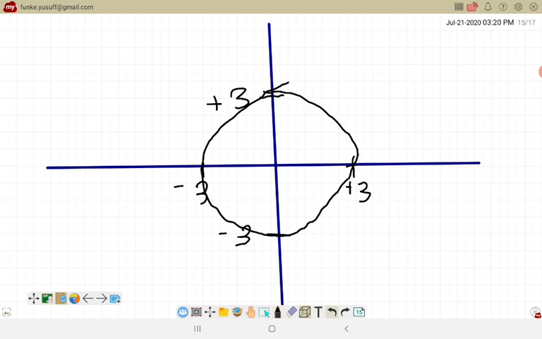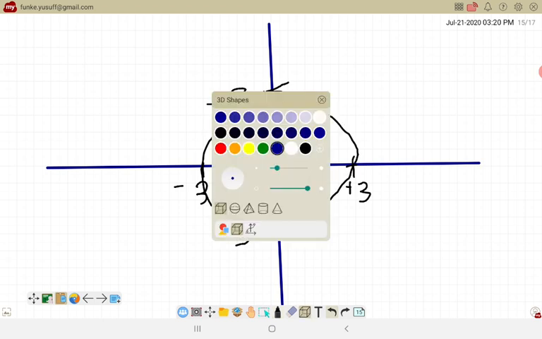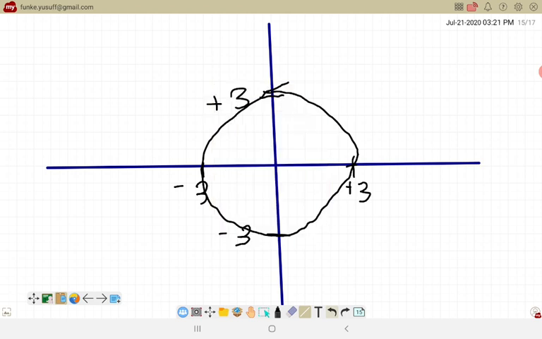If you draw a straight line across it, what do you notice?